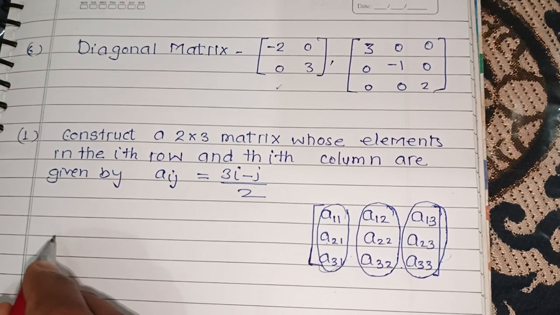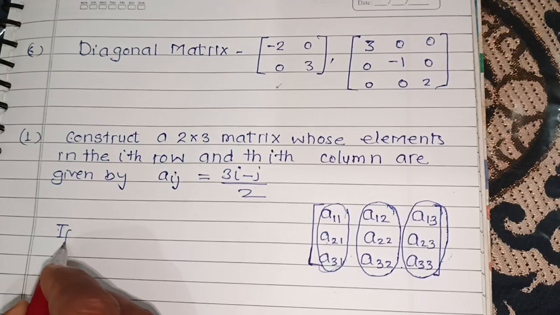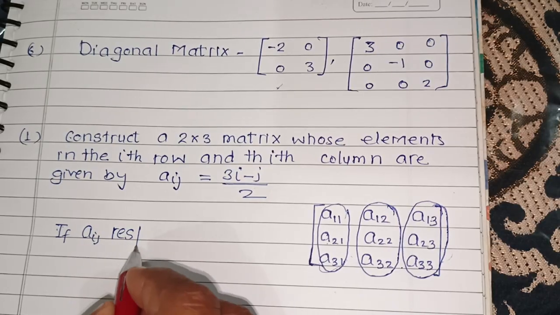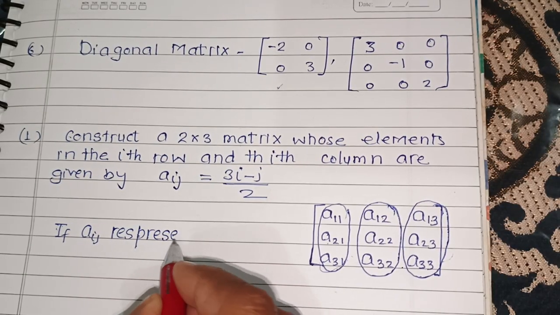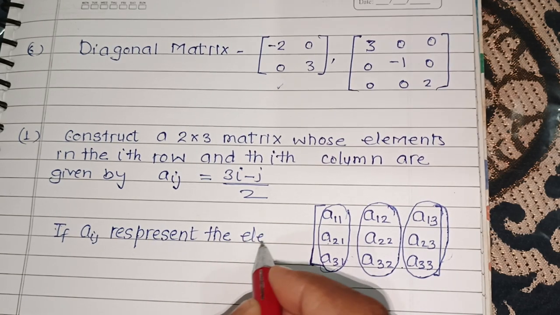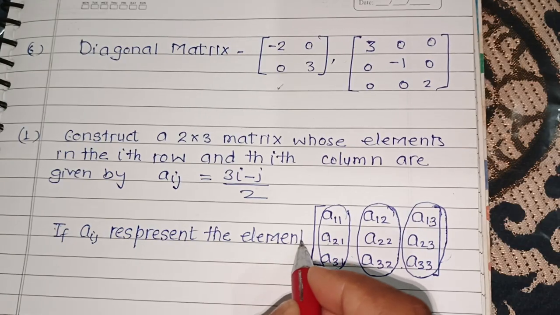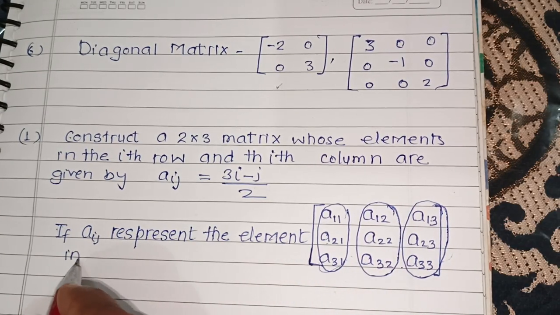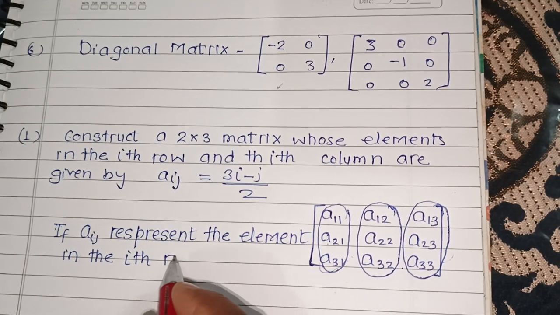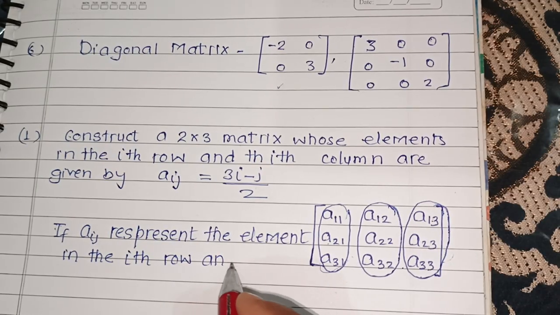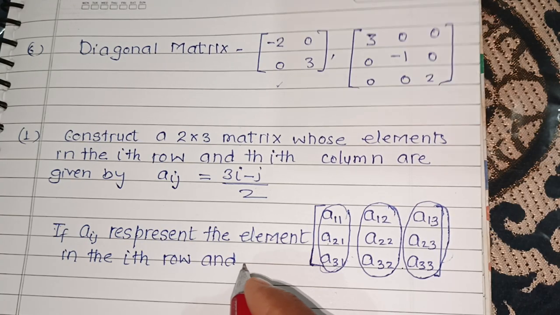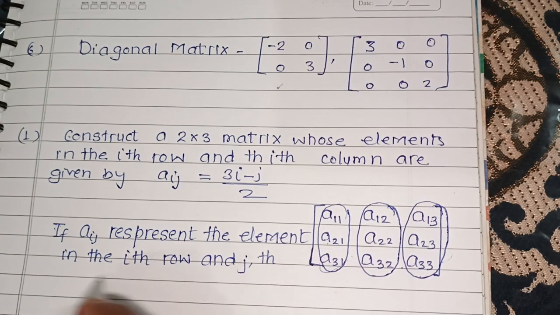Okay, now let us assume a_ij represents the element in the ith row and jth column.